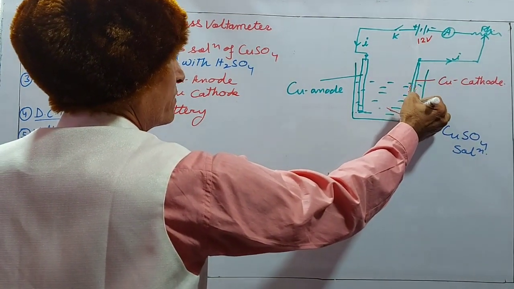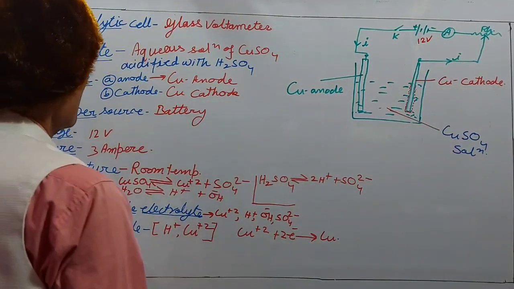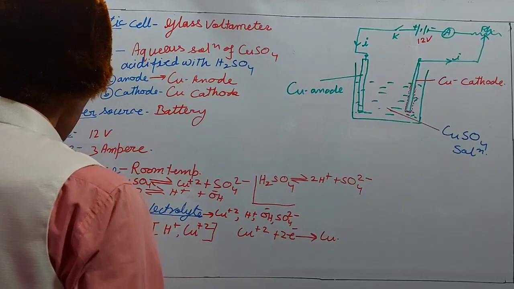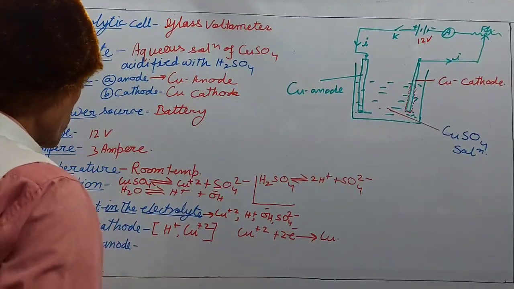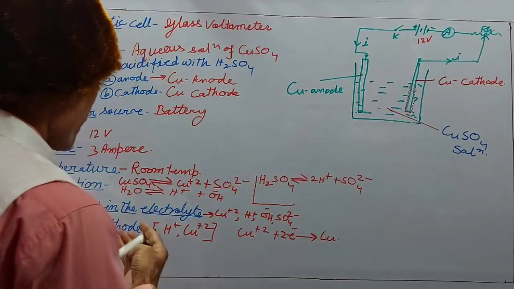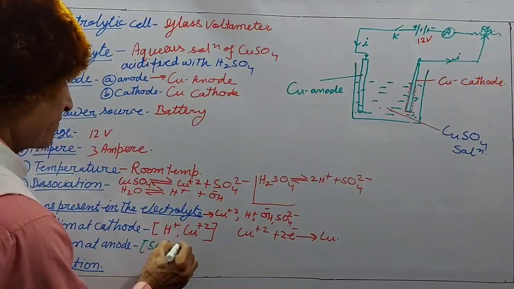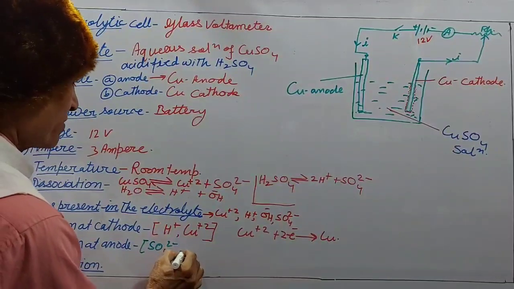And next, what happens at the anode. Anions migrate to the anode. Which anions are present at the anode? SO4 2 minus and OH minus ions.